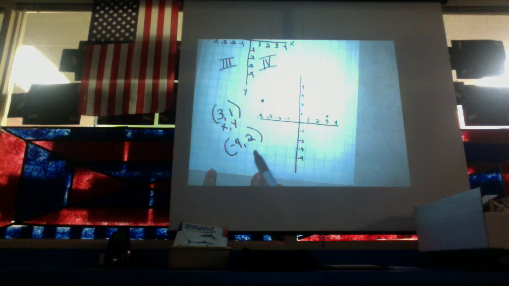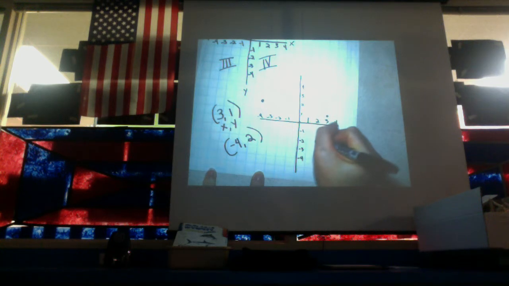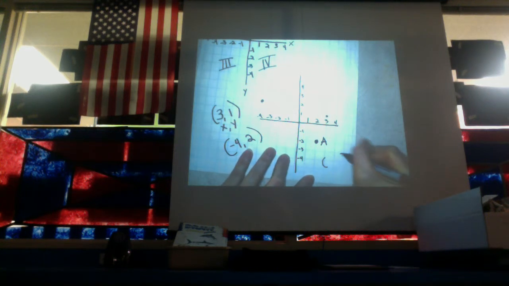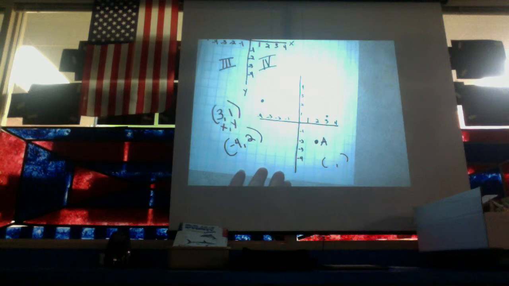A lot of times they'll give you the coordinates and you'll just have to plot where those coordinates would be. Other times they'll give you a point and say point A, what are the coordinates for point A? That means they want those 2 numbers that describe where this point is. The first number is where it's located on the x-axis.